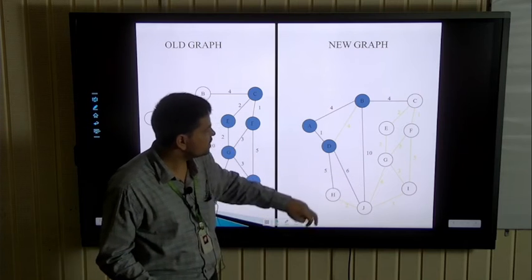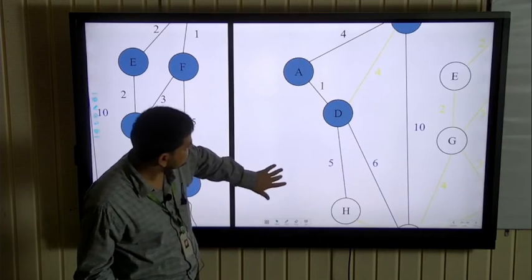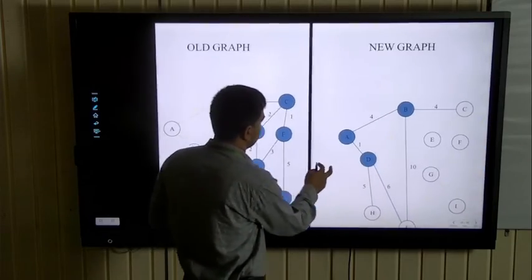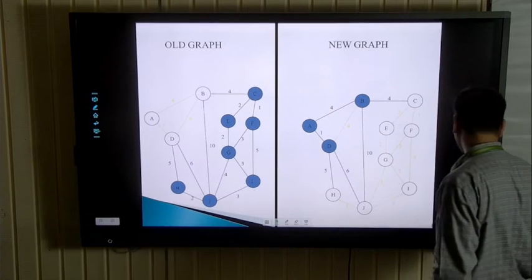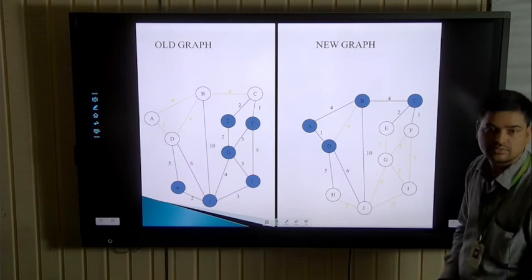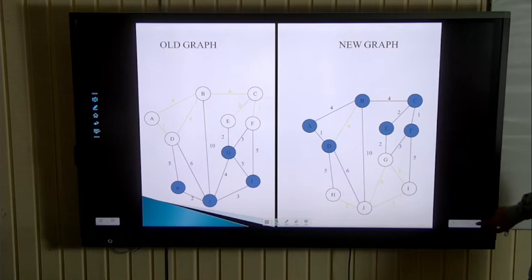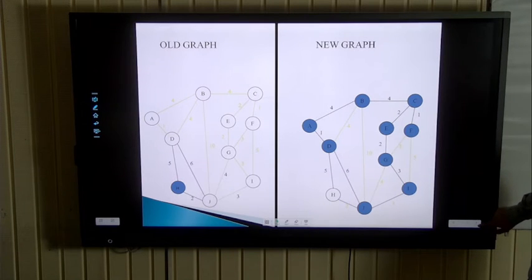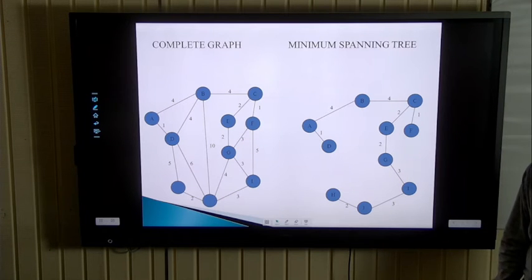B to J, D to J, F to J. So we selected 5. Selected. This one. Okay. Now this one. This is the spanning tree.